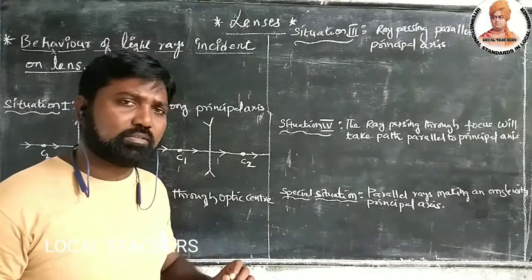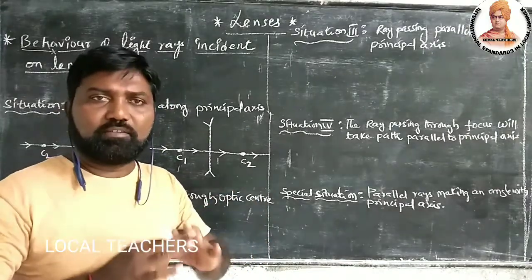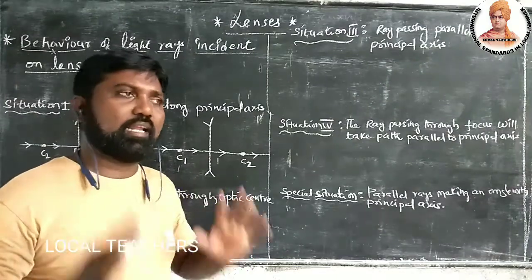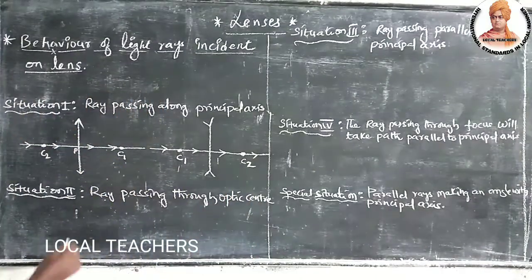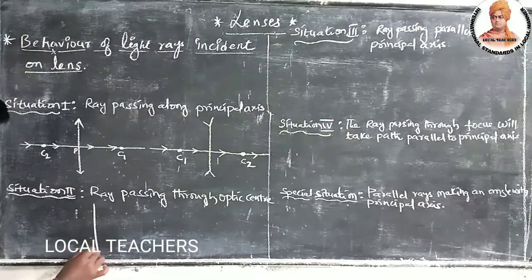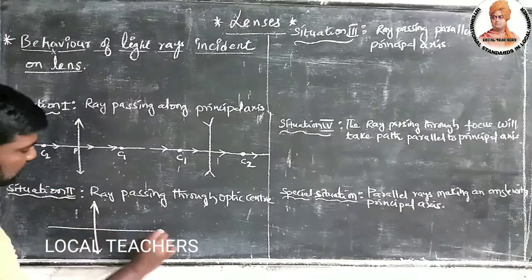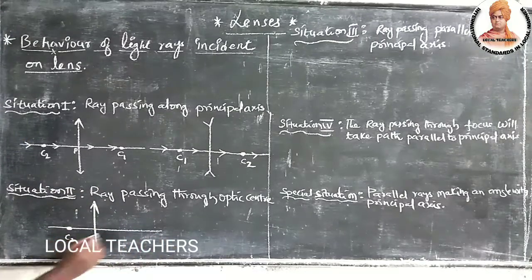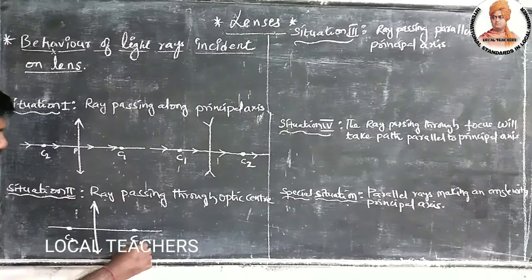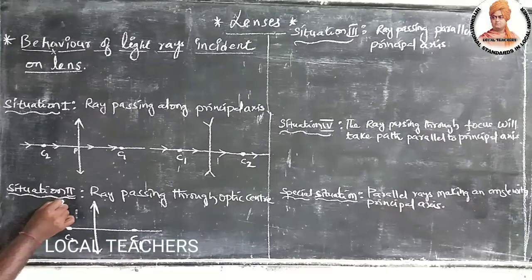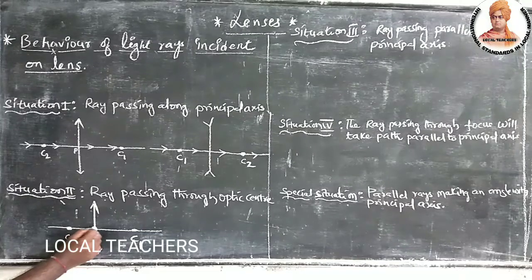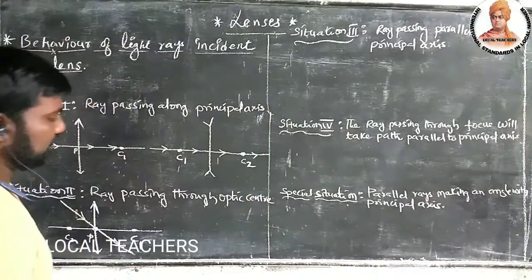The ray which passes through the optic center is also an undeviated ray. We represent that by a ray diagram. This is a convex lens and this is the principal axis. The incident ray is passing through the optic center, and we can see that this ray is undeviated.